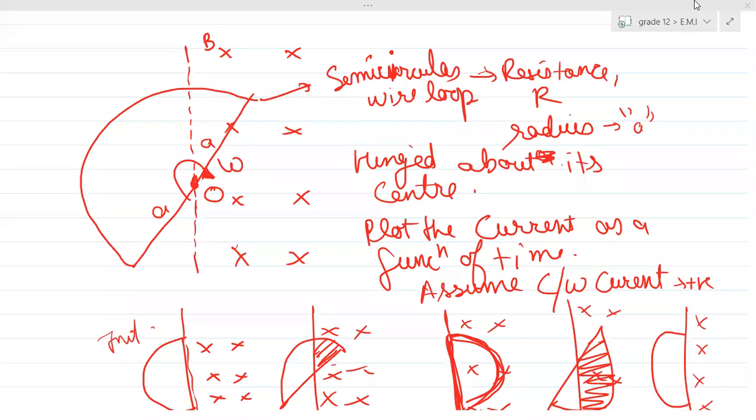Yes, did anyone think of something? See guys, how will be the current? Please remember. Can you see over here this semicircular part? Will the semicircular part cut any line?